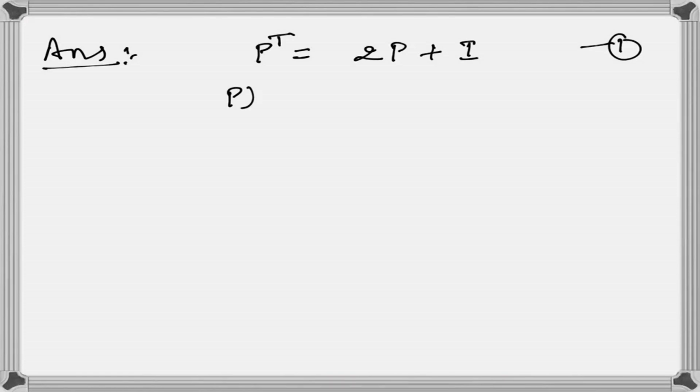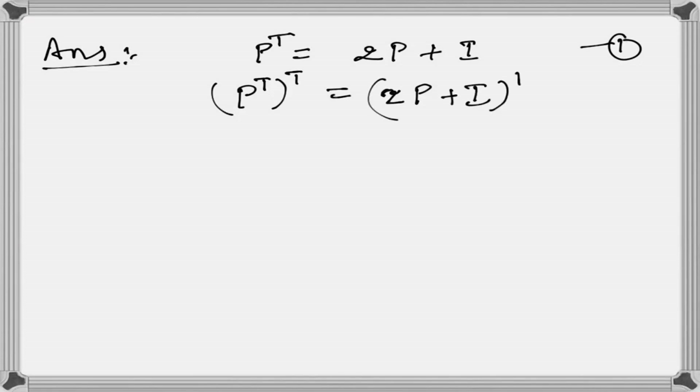That means P transpose of transpose is equal to (2P plus I) transpose, and this is nothing but P is equal to 2P transpose plus I transpose, which is I itself. Let's call this equation 2.